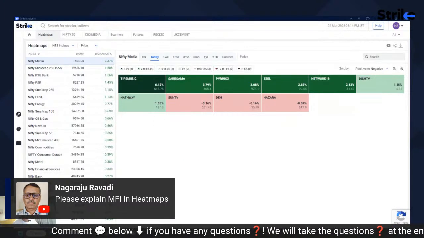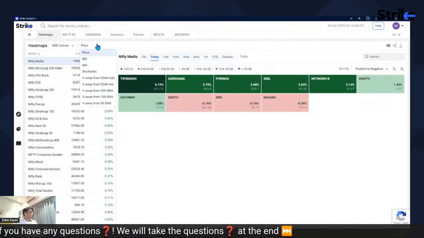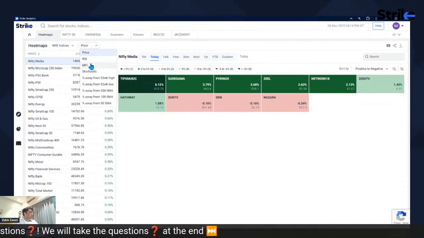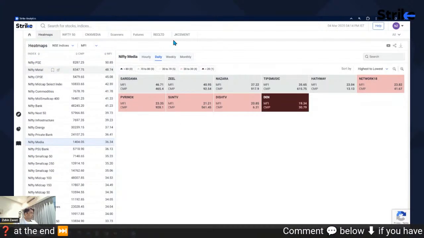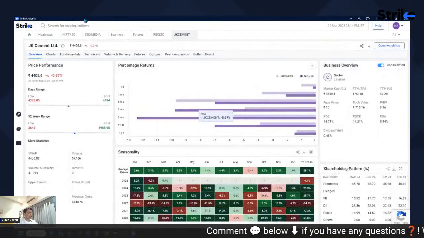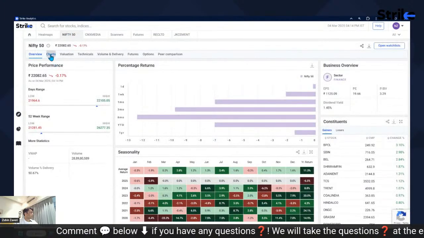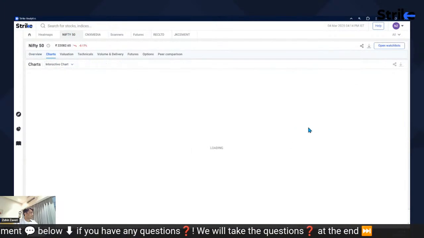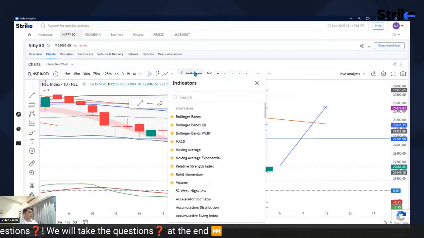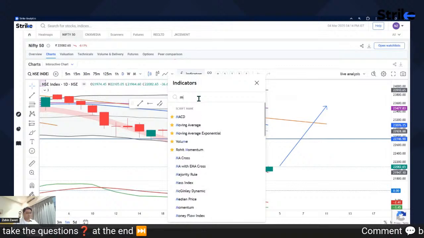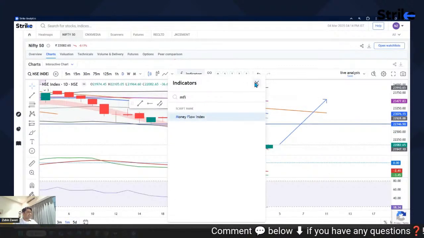Please explain the MFI in heat maps. Okay, so instead of price, you can also look at MFI. That is money flow index. So what is money flow index? I'll just pull up a chart over here, and you can put up this MFI indicator, money flow index.